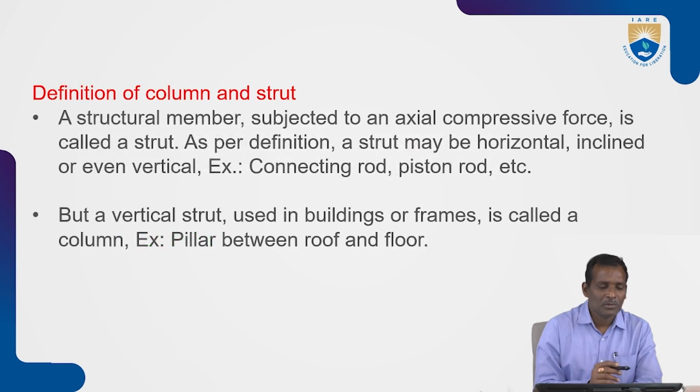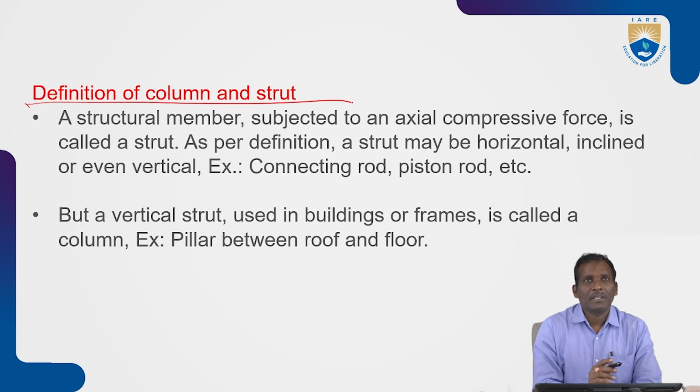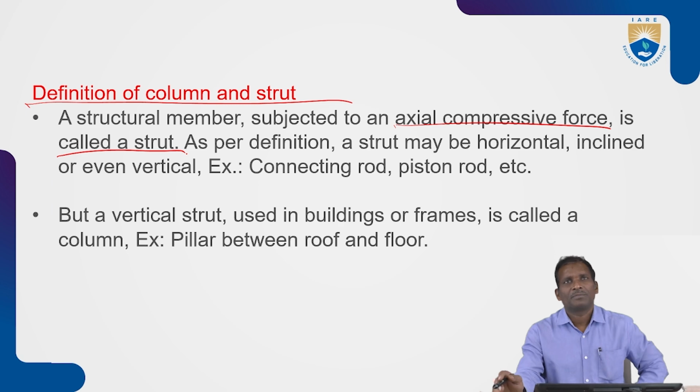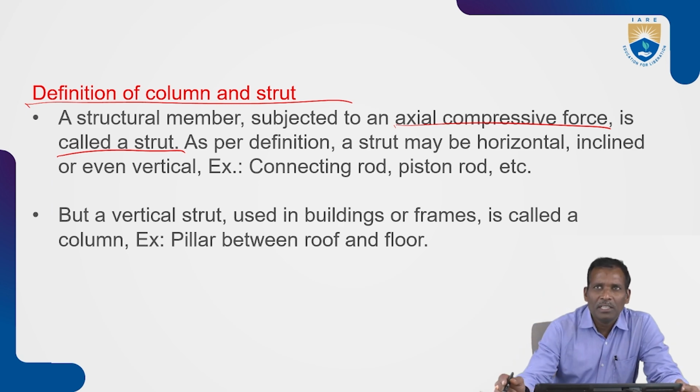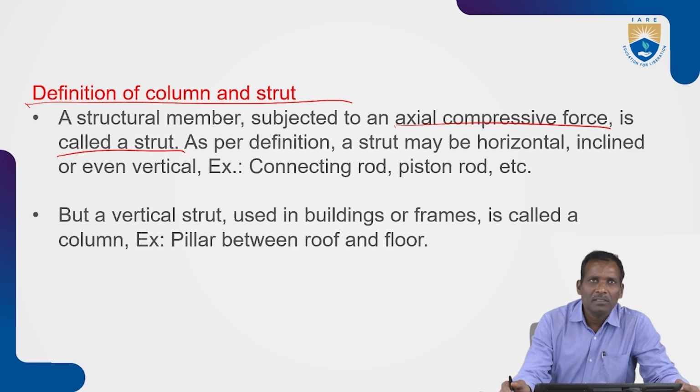Next, coming to columns and struts. So, the definition of column and strut. A structural member subjected to an axial compressive force is called a strut. As per the definition, a strut may be horizontal, inclined or even vertical.